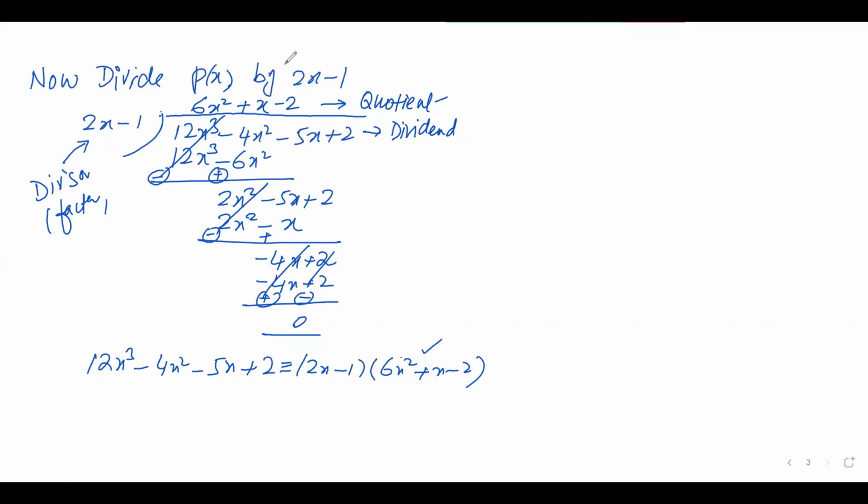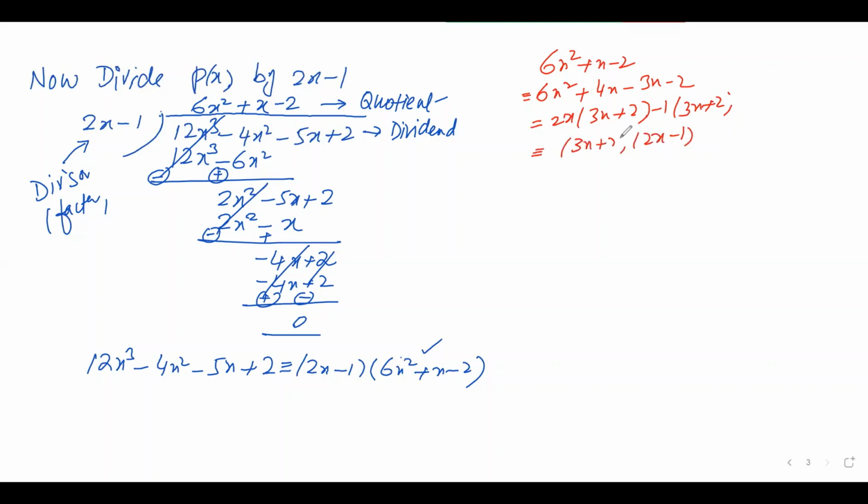Let us factorize 6x squared plus x minus 2. Then by the midterm break method, 6x squared plus 4x minus 3x minus 2, where 2 is common, x is common, 3x plus 2 minus 1 is common, 3x plus 2. So 3x plus 2 and 2x minus 1 is the factorization.